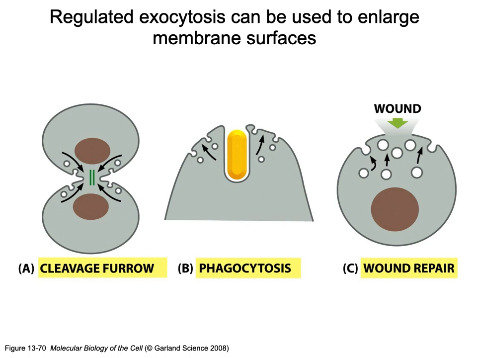Exocytosis can also allow for the cell to become enlarged, so it increases the amount of plasma membrane that's present, right? So if we think about it, there's a lot of processes where whenever we have endocytosis, we're going to end up having a decrease in plasma membrane.